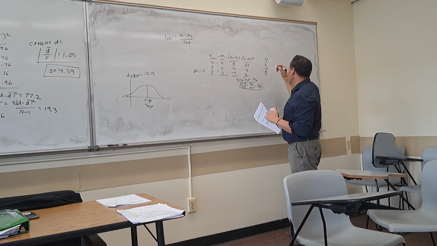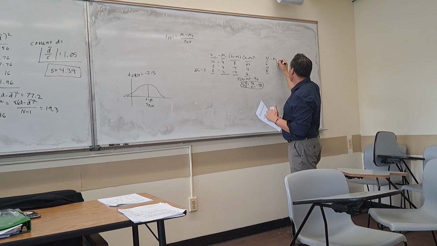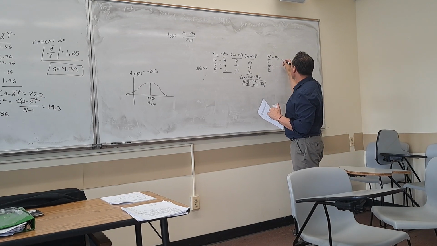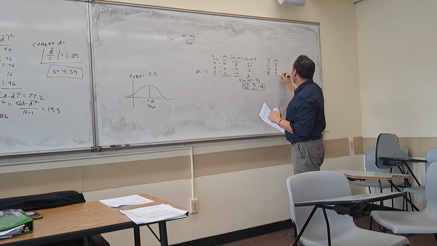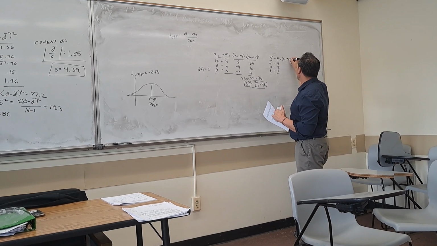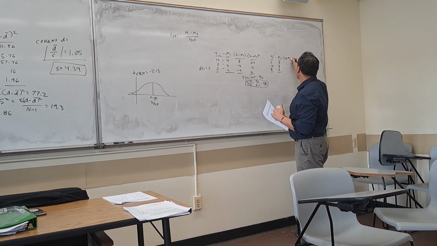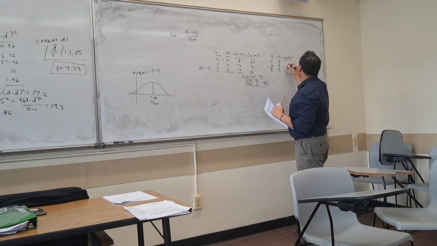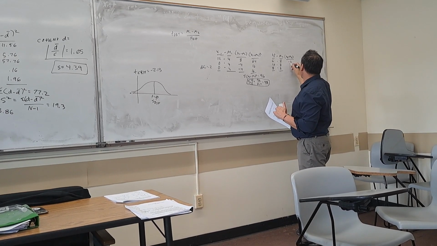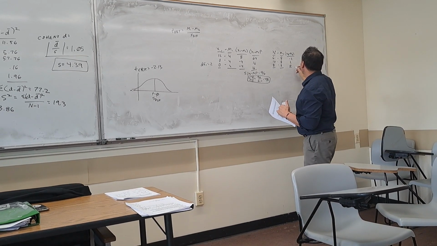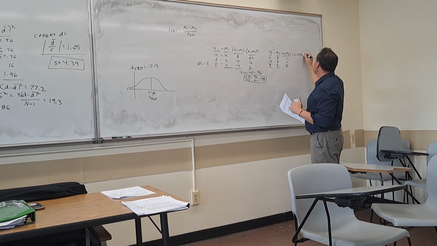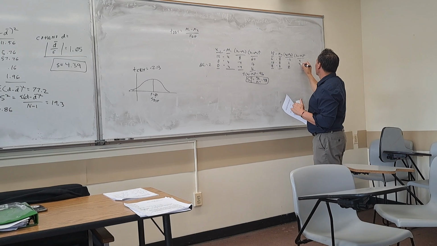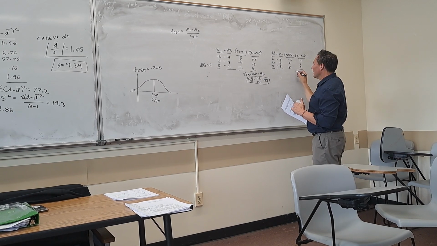Now we're going to get S squared sub 2. The average here is 8. X2 minus M2 is negative 2, positive 2, and 0. We're now going to square those. X2 minus M2 squared is 4, 4, and 0.